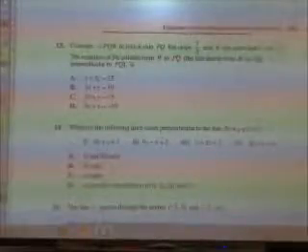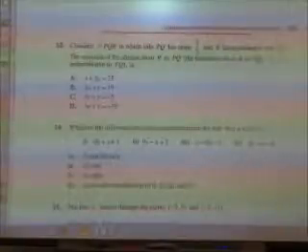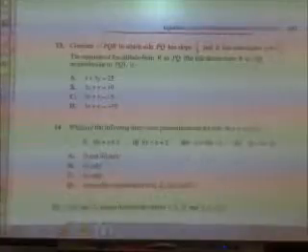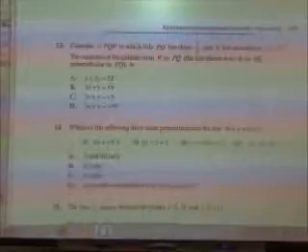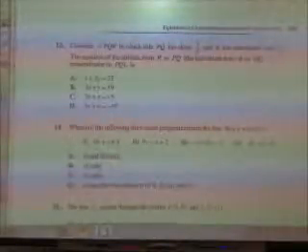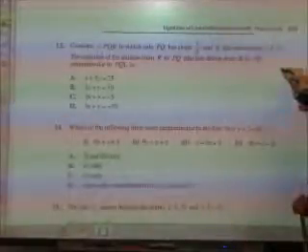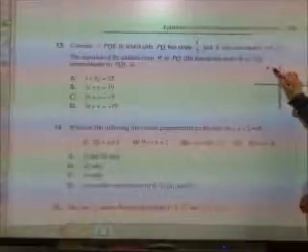Consider a triangle PQR in which side PQ has a slope of 1/3 and R has coordinates of negative 4 and 7. The equation of the altitude from R to PQ is what? The altitude is a line that's drawn from R to PQ that's perpendicular to PQ. So if you imagine what this would look like, R has coordinates of negative 4 and 7.